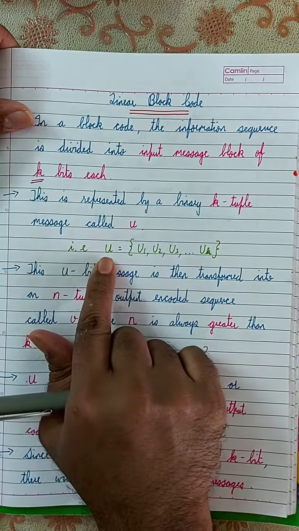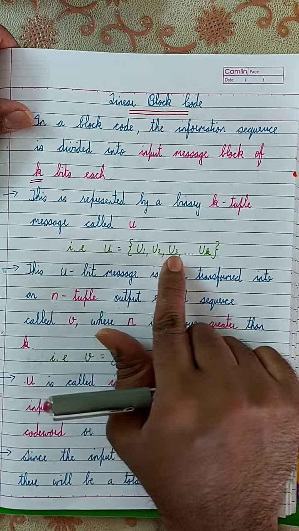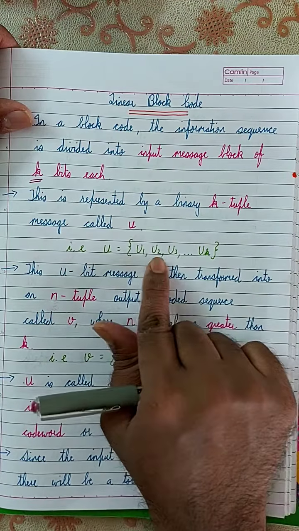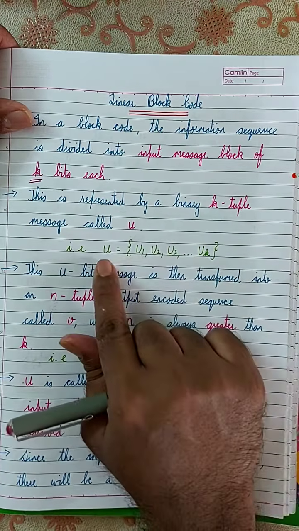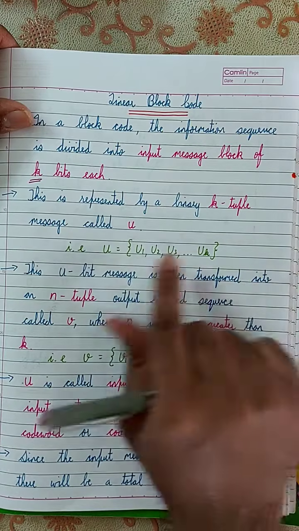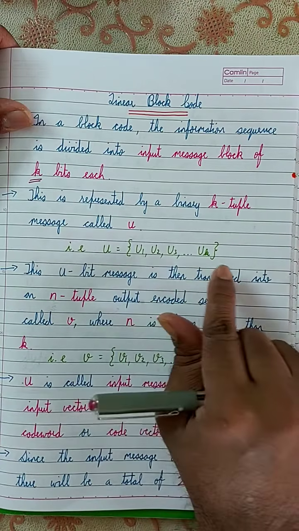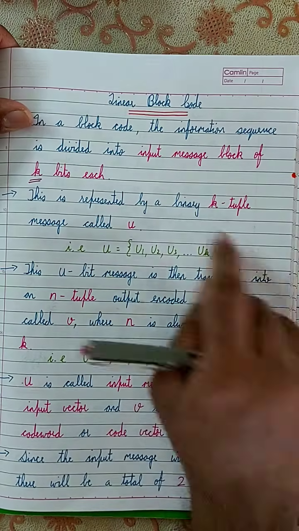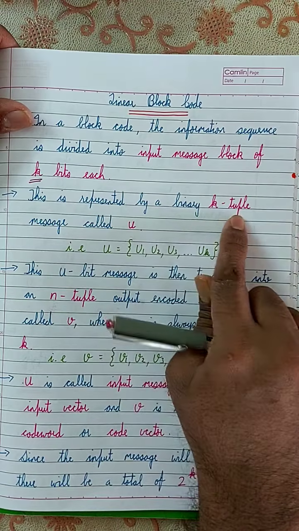In other words, u is equal to u1, u2, u3 up to uk, where each of these is a bit of the message u, and each can be either 1 or 0. That is why it is called a binary k-tuple.